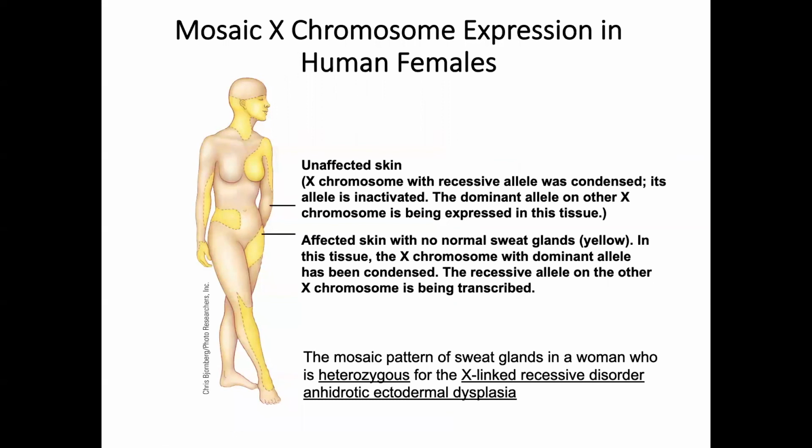The same thing happens in human females. If a woman is heterozygous for an X-linked recessive disorder named anhidrotic ectodermal dysplasia, she will also show a mosaic pattern on her skin, not visually, but depending on which X chromosome is inactivated.